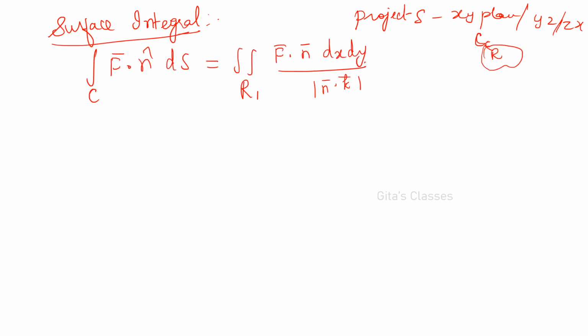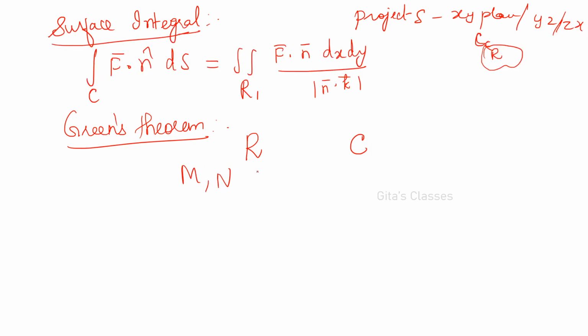Then Green's theorem. Now we are going to see the integral theorems. Green's theorem. All the statements are important. Even every single word is important in that. Suppose R is a closed region in the xy plane bounded by the curve C, and M, N are continuous functions of x and y.